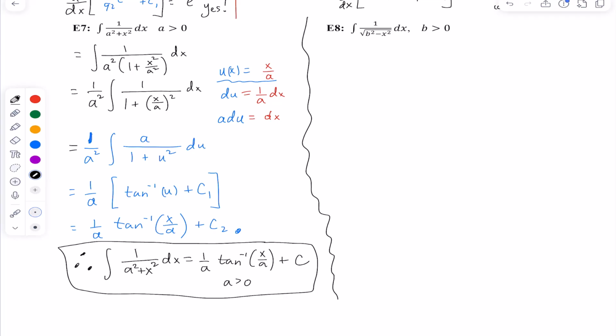Let's look at the next example, which is similar but extremely different. Once again, we'll rely on our algebra to get this looking like something we could recognize. Now remember, b is greater than 0.